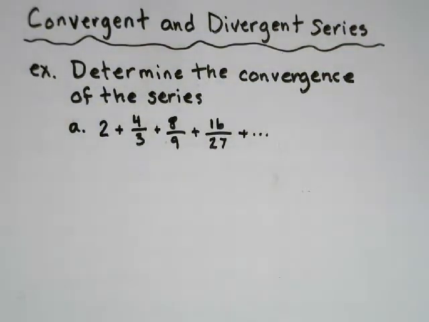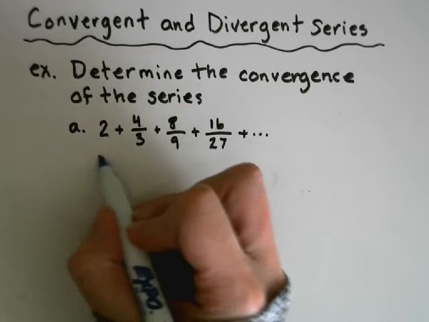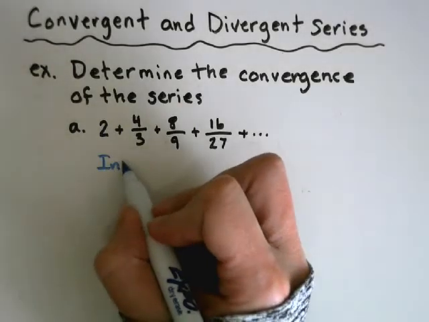So now, even though this is a new idea to us, we have background information. So here it says determine the convergence of the series. We're looking at this series, 2 plus 4/3 plus 8/9 plus 16/27, and so on. So it is an infinite series. Specifically, this is an infinite geometric series.